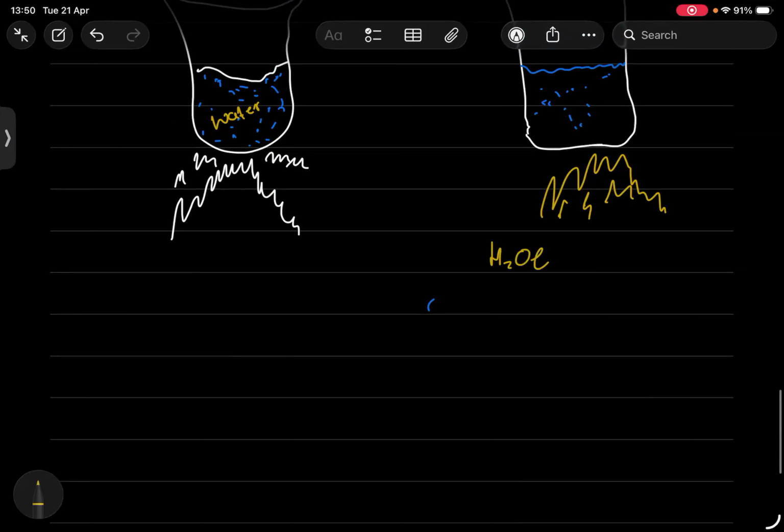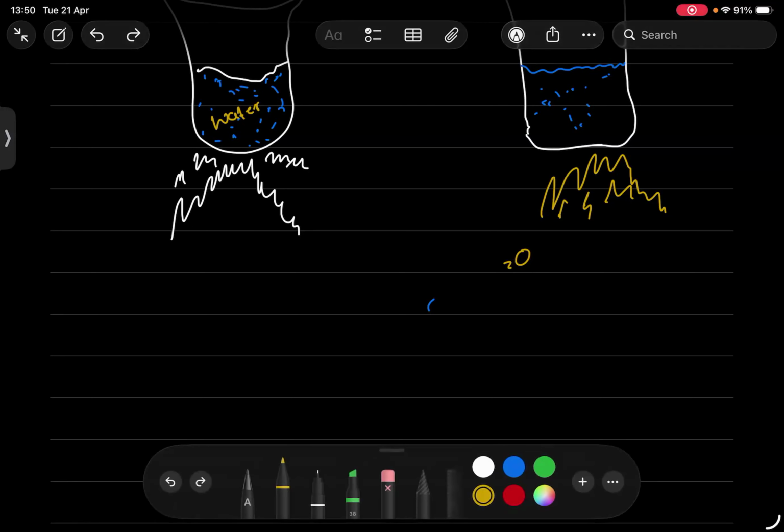You're going to have H2O liquid, so it's going to be H2O in a liquid phase, changing into H2O in a gaseous phase, right?